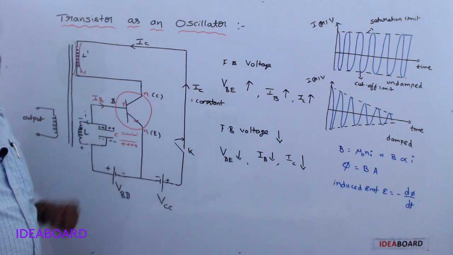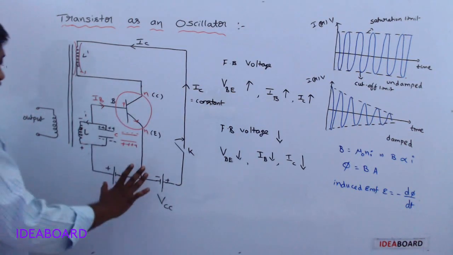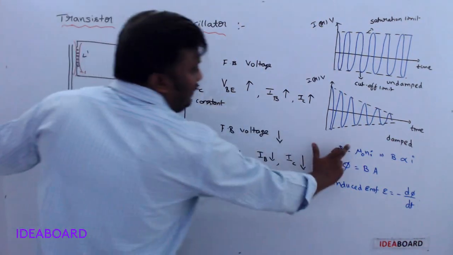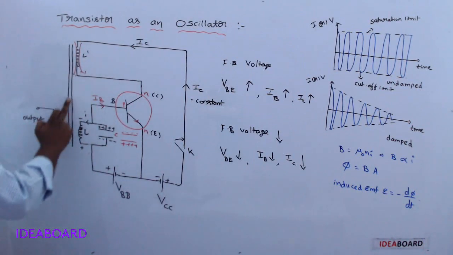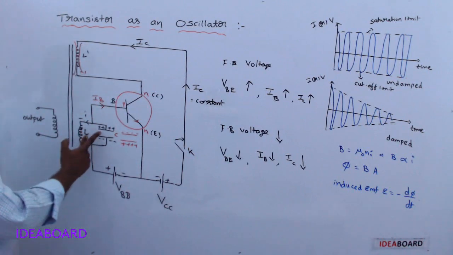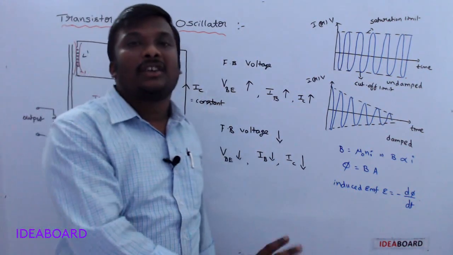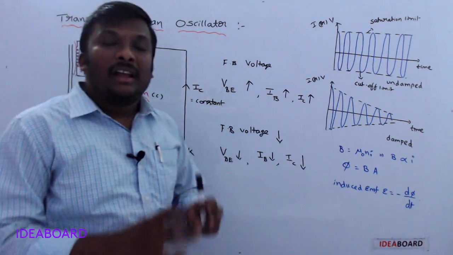Do you understand the process? Clear? So in the first case, IC increases, then the magnetic field around L dash increases due to mutual inductance, EMF is induced, and the capacitor is charged until it is completely charged. This process is continuous.